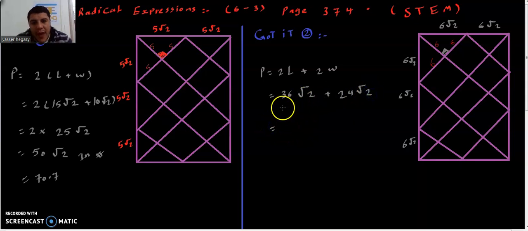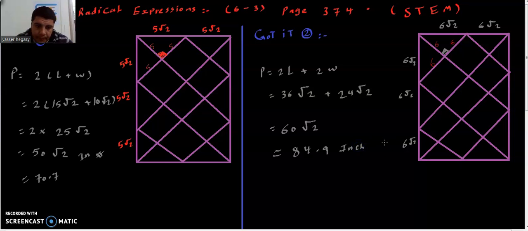Add them together: 36 square root of 2 plus 24 square root of 2 will be 60 square root of 2. Using the calculator, you will find it is 84.9 inches. That's it for problem number 2, Got It number 2.